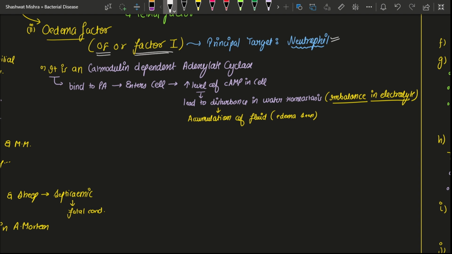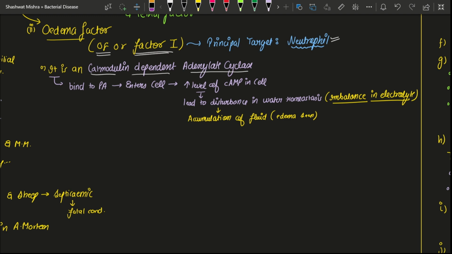Now talking about this edema factor, it is a calmodulin dependent adenylate cyclase. Okay, so the edema factor is a calmodulin dependent adenylate cyclase. As I mentioned earlier, what is the function of the protective antigen? It acts as a binding moiety for the other two factors, right?